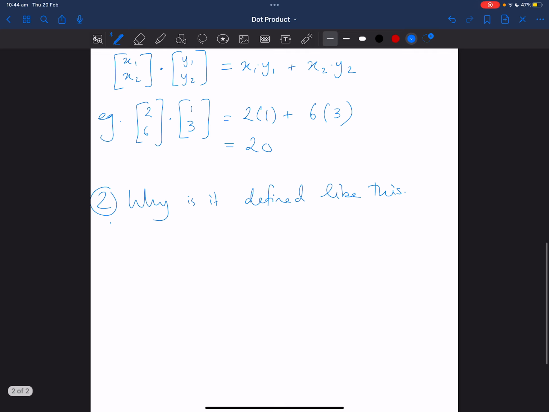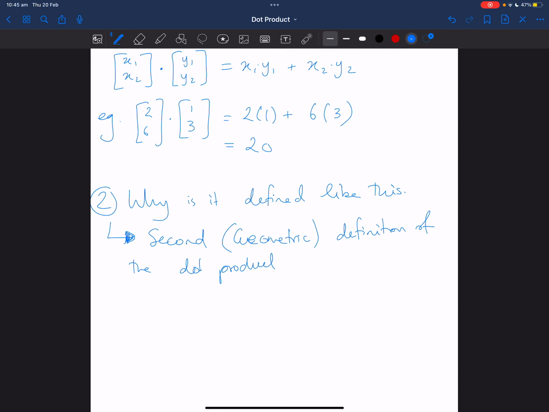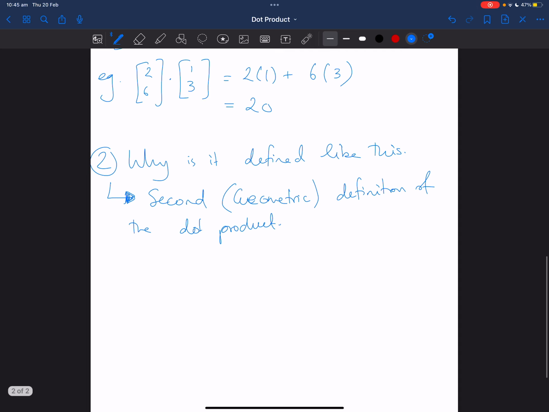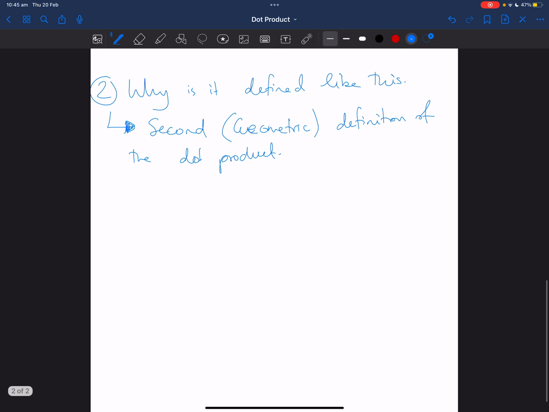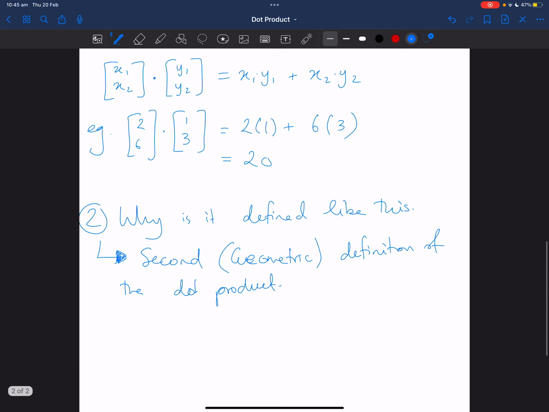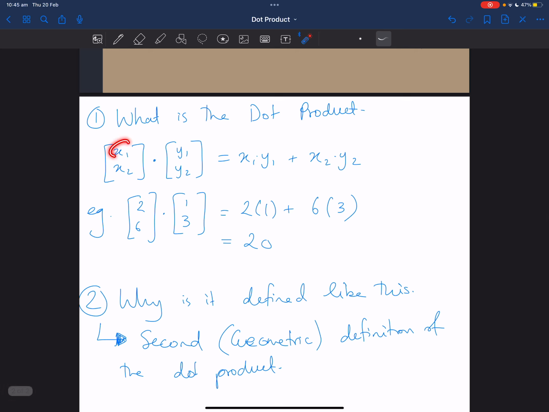But it also introduces a second definition, sometimes called the geometric definition of the dot product. You hopefully have seen something like this: if you have the components of the vectors, you can take the dot product and get the number quite easily.